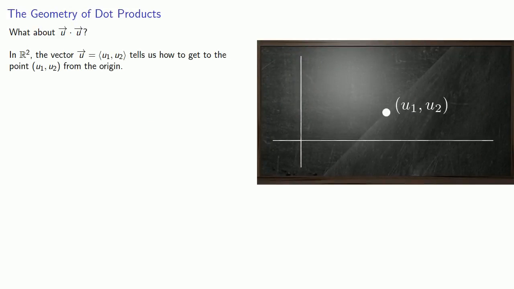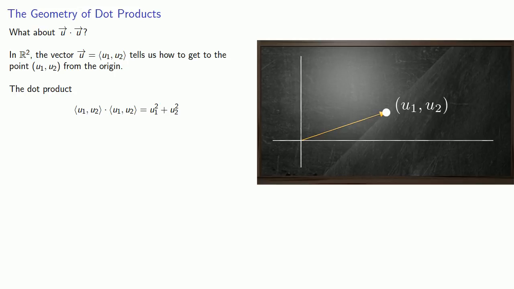So what about the dot product? In R2, the vector u1, u2 tells us how to get to the point u1, u2 from the origin. The dot product of u with itself is going to be u1 squared plus u2 squared. And so now we want to ask ourselves, where have we seen u1 squared plus u2 squared before?